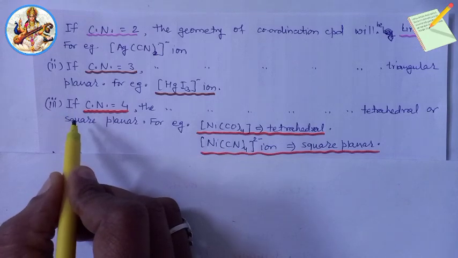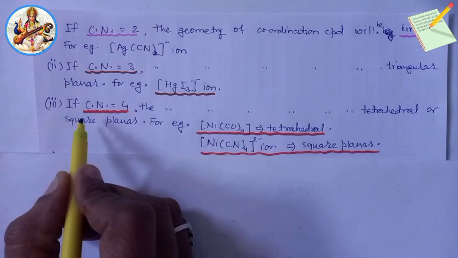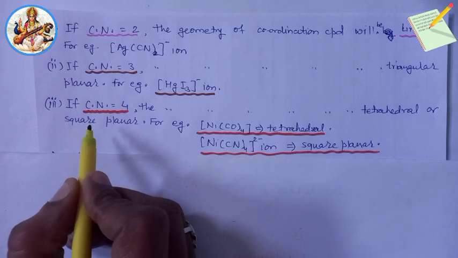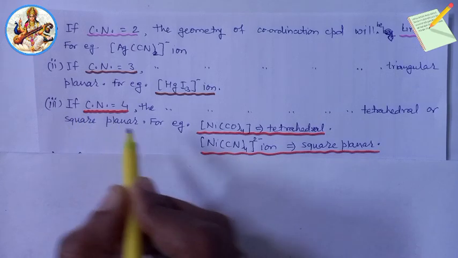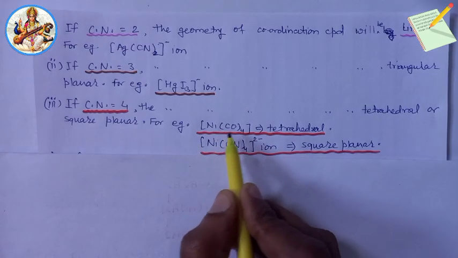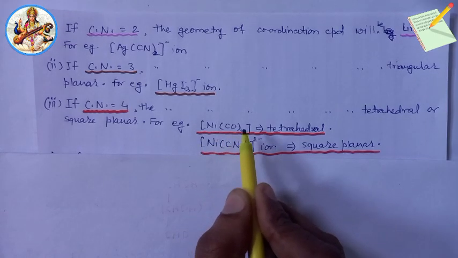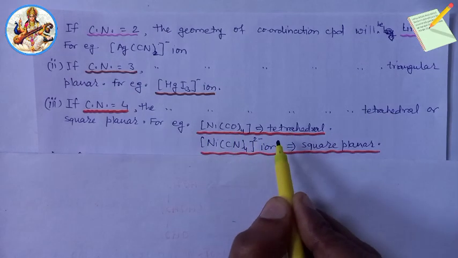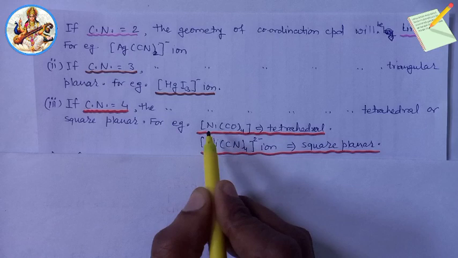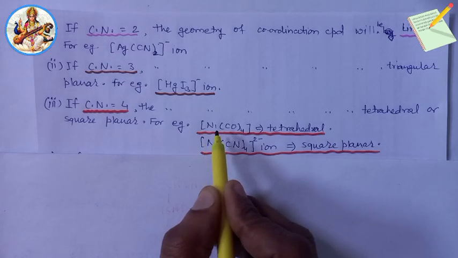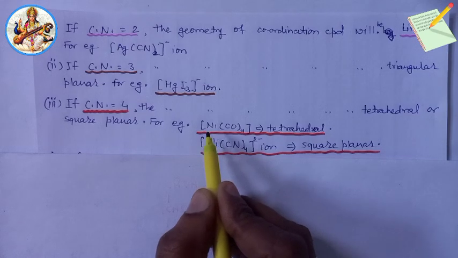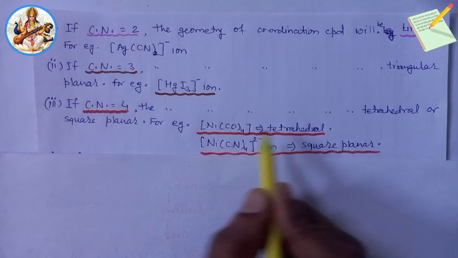Now next, if the coordination number is 4, then the geometry of the complex will be tetrahedral or square planar. For example, [Ni(CO)4], the geometry of the complex is tetrahedral. We know that in the sp3 hybridized state, the geometry is tetrahedral.